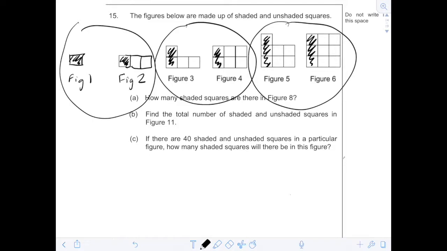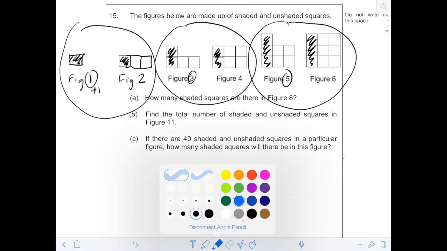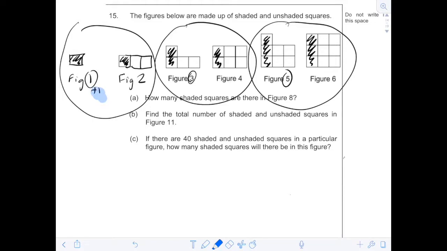How about figure 3? Figure 3 has 2 shaded. Figure 4 has 2 shaded. So what do you think is the connection here? Whenever you see an odd number, like 3 or 1 or 5, you have to add 1 to make it the same as the even figure, so that you can identify that they're in the same group.